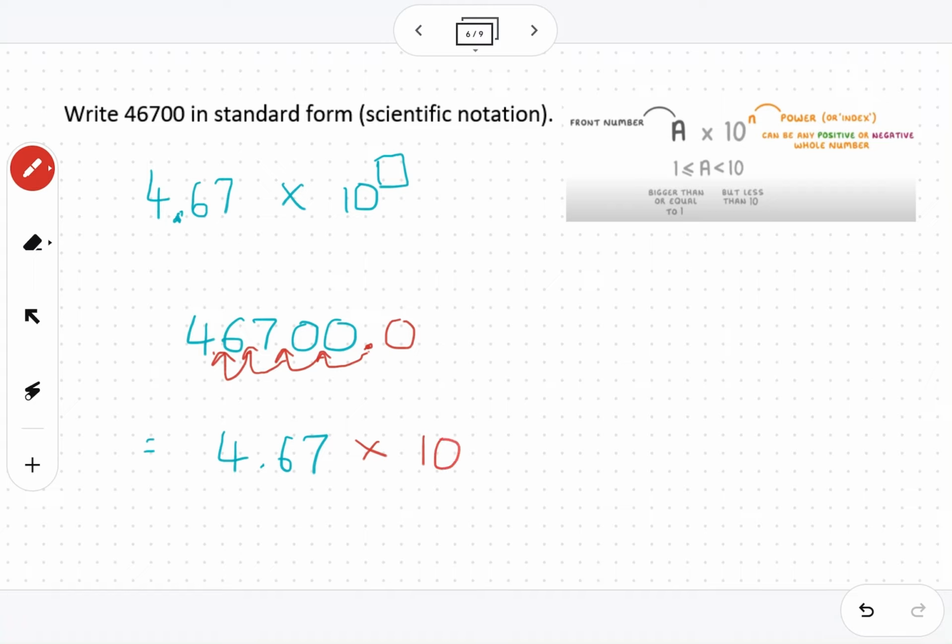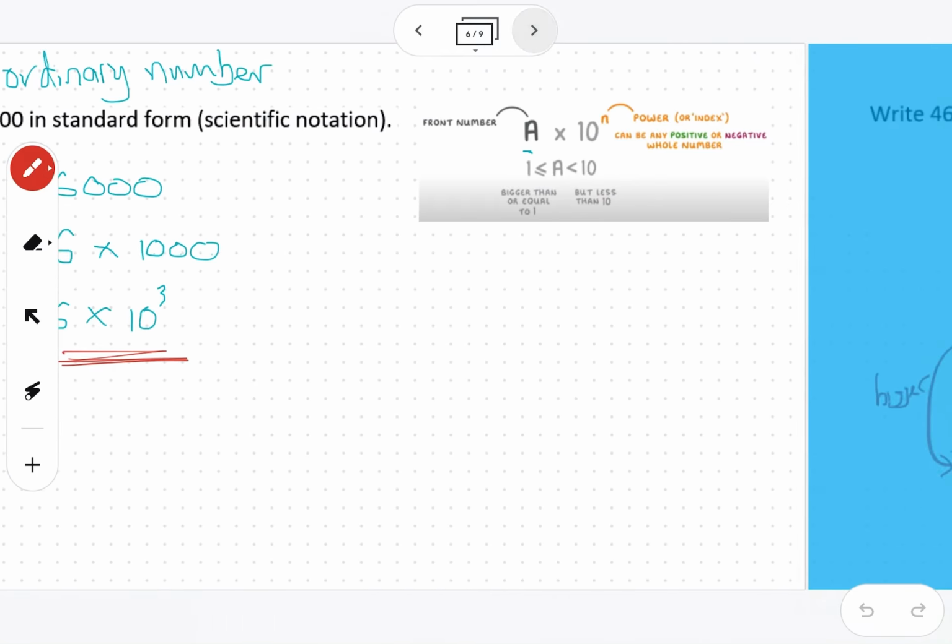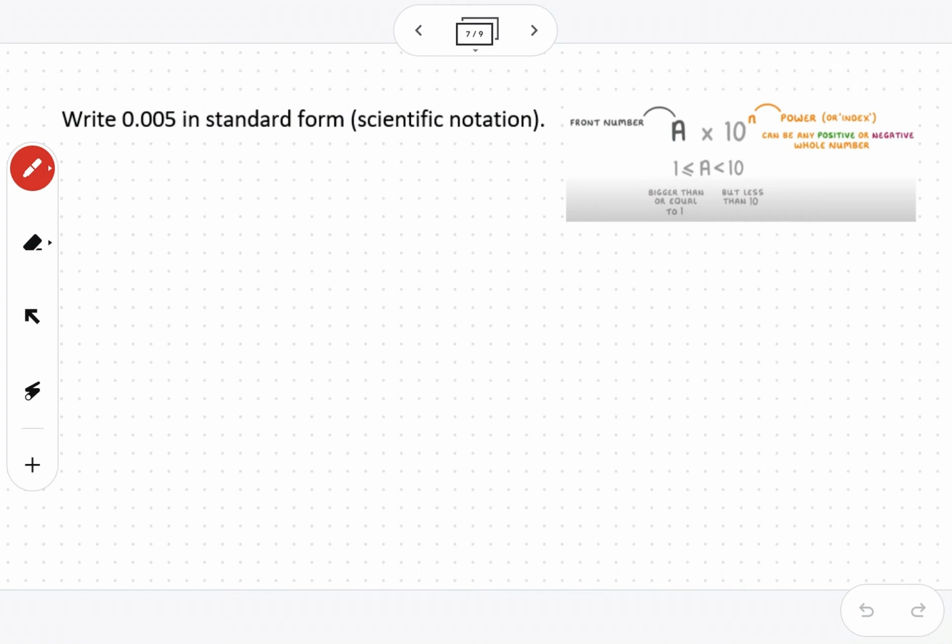So it means times 10 power, is it power 4 or power negative 4? Okay, since this is bigger than this, this must be power 4. Because if it's power negative 4, it means this is smaller. This is the final answer. This is a different method from the earlier one, but they're both okay.